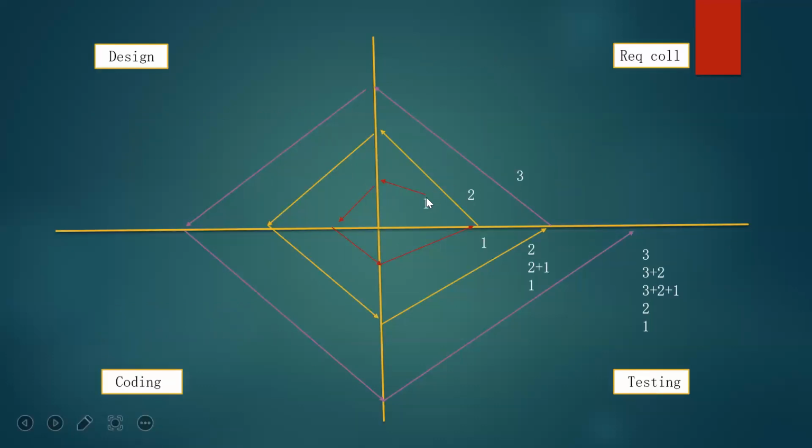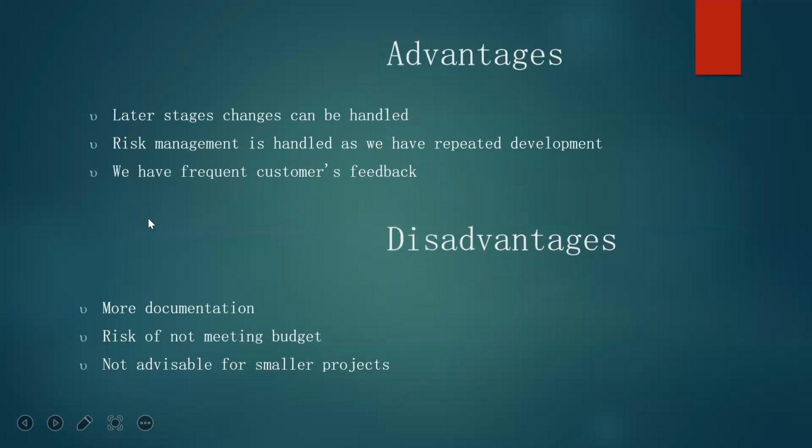For each and every phase, after developing the first one and testing the first one, I release it to the customer, and the customer gives feedback. Now for the second one also, I release and the customer gives feedback. This goes on for each and every module. So obviously we'll be having frequent customer feedback also. Okay, these are the advantages.